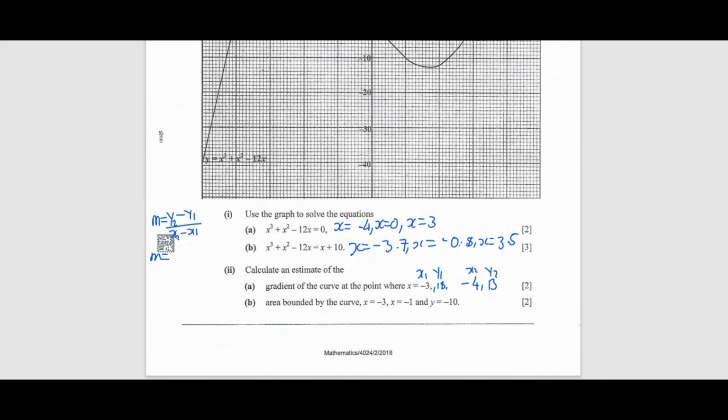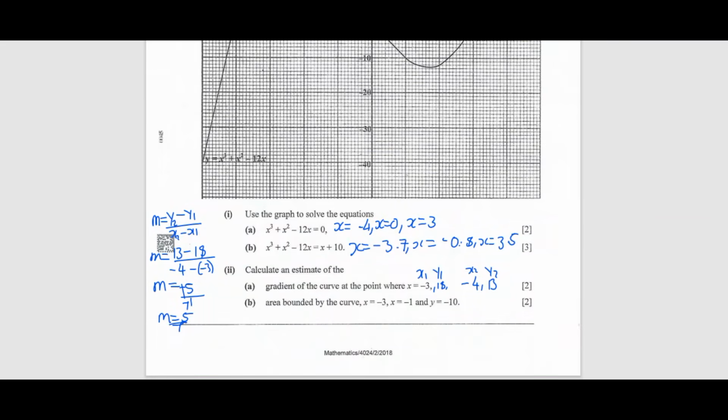So y2 is 13 minus y1 is 18 over x2 is -4 minus -3. So gradient is equal to 13 minus 18 is -5 over, here we have +1. So if we divide, we have gradient is equal to -5.